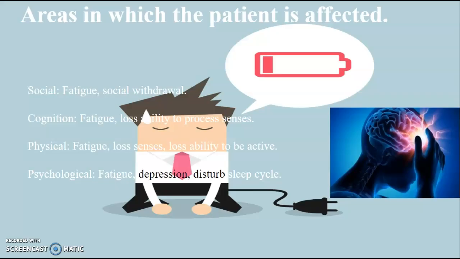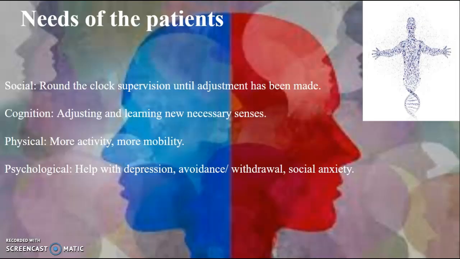We as medical professionals must break this cycle in order to help this patient population. So the needs of this type of patient population will be round the clock supervision until adjustment has been made.